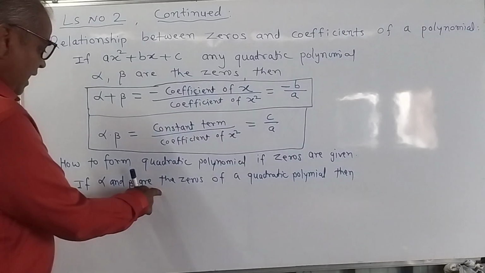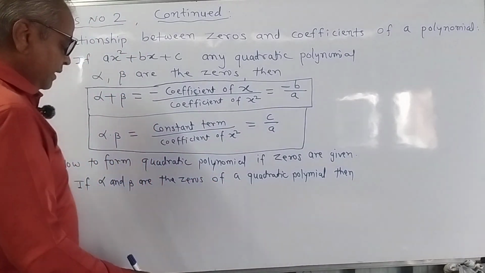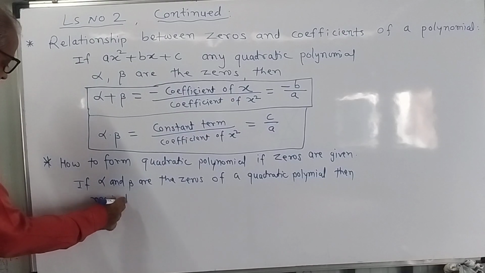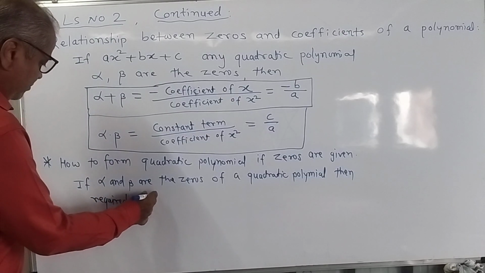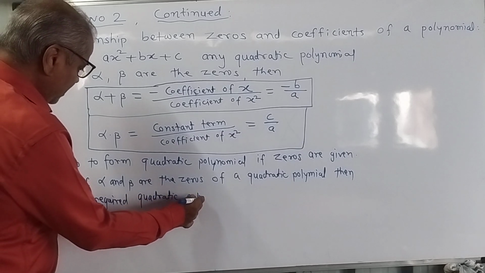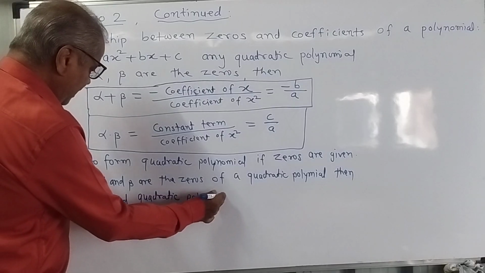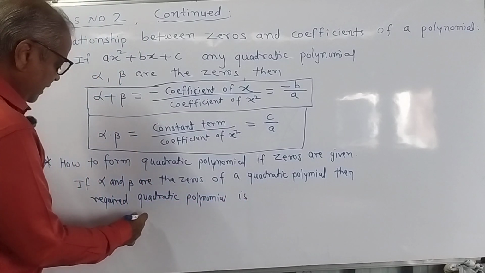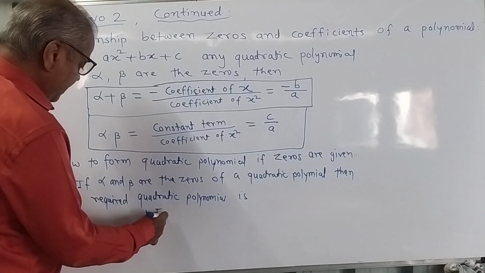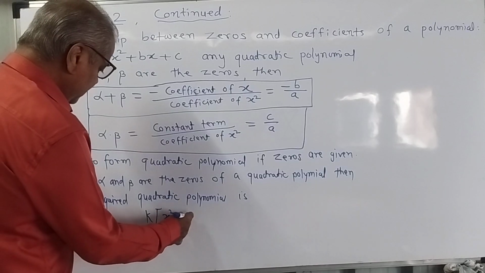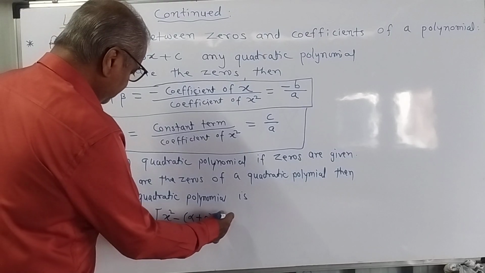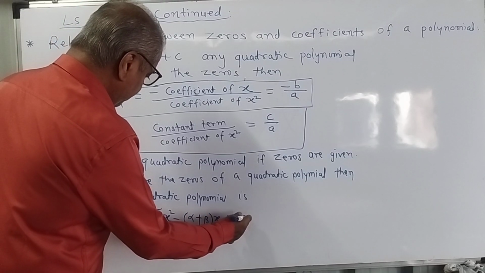If alpha and beta are the zeros of a quadratic polynomial, then the required quadratic polynomial is k, where k is any real number, into x square minus the sum of the zeros alpha plus beta into x plus the product of zeros alpha beta.